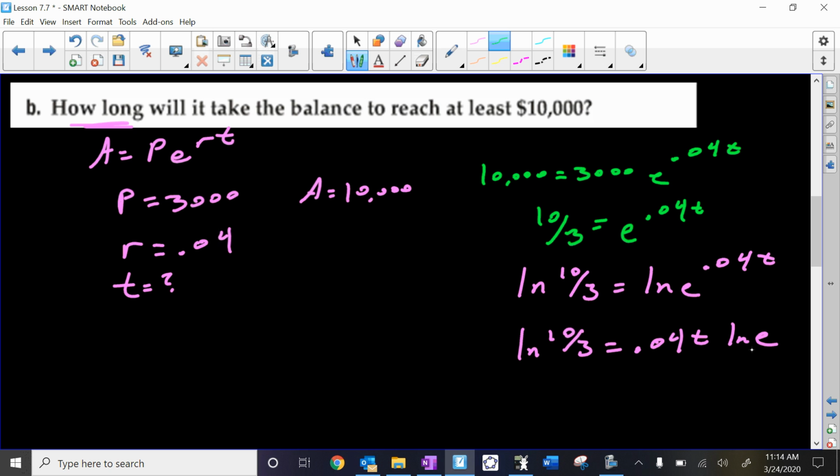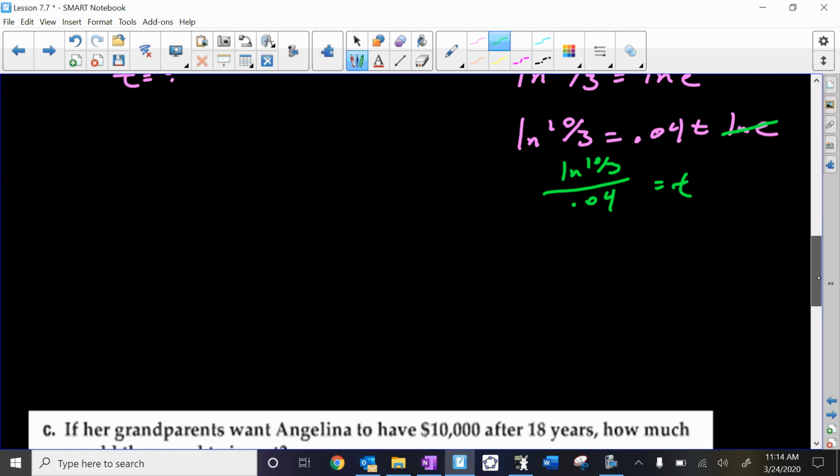And we know from before that the natural log of e is just 1, so that goes away. I'm going to do one more step. To solve for t, we're going to divide both sides by the rate. So now t equals the natural log of 10/3 over 0.04, that will get me my time t.